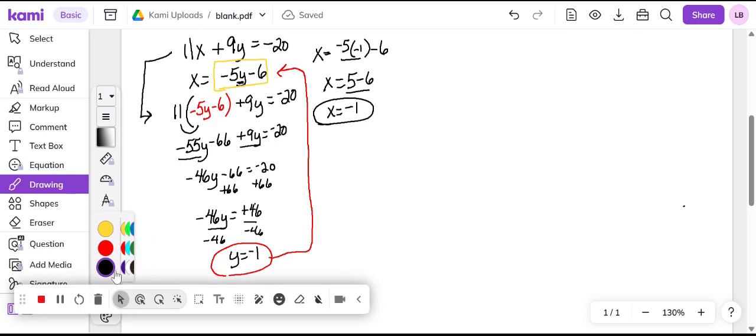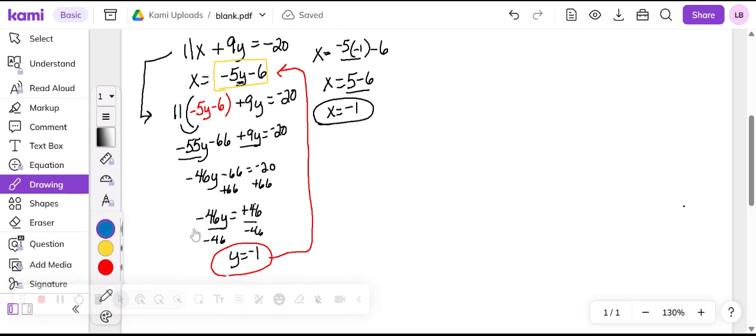Do you want to find out if it does? Let's do it. 11 times negative 1 plus 9 times negative 1, I'm trying this equation here, should equal negative 20. Negative 11 plus negative 9 equals negative 20. It checks.